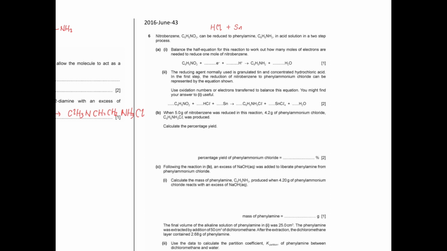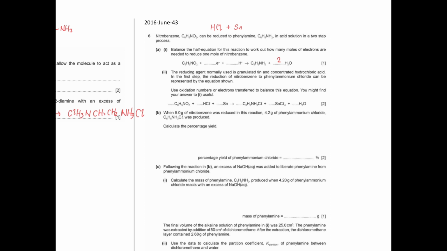So they want us to balance the equation, changing nitrobenzene to phenylamine. First let's balance the oxygen. As you can see, NO2 has 2 oxygens, and the oxygen comes from H2O. So oxygen is balanced when you put 2 in front of H2O.